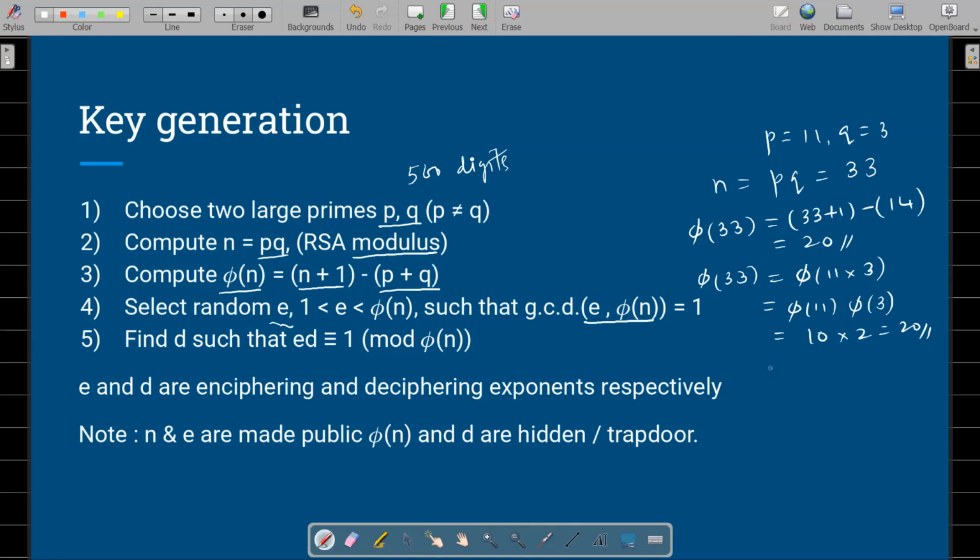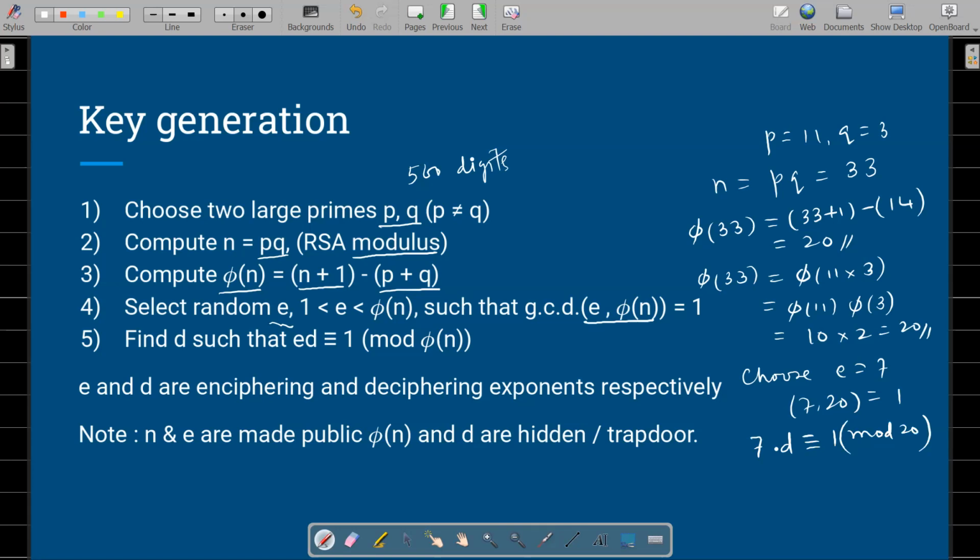It's not difficult. For example, let's choose in our case E equal to 7, and see that GCD of 7 and 20 is 1. And whenever GCD is 1, you can find its inverse. So for 7, I can find some number D such that 7 times D is 1 mod 20.